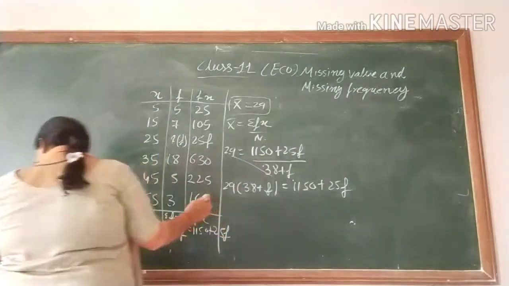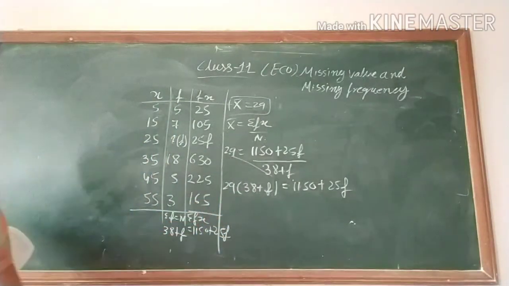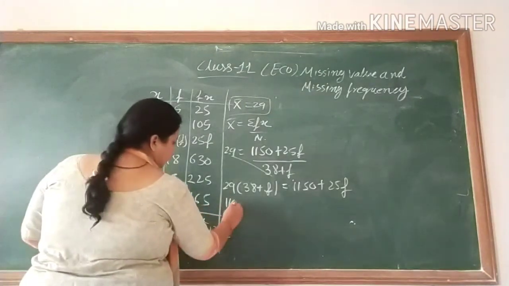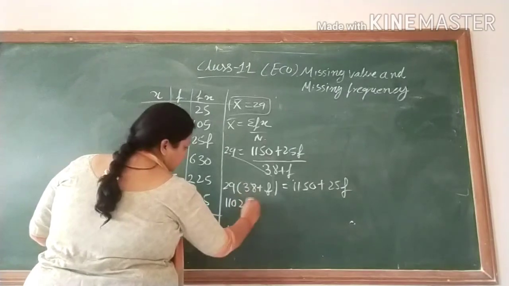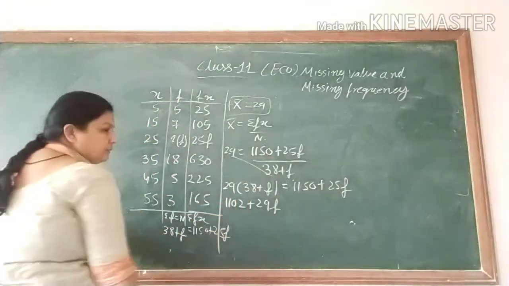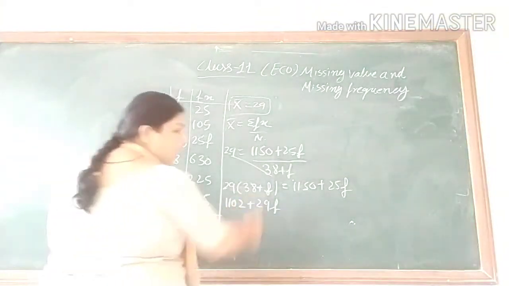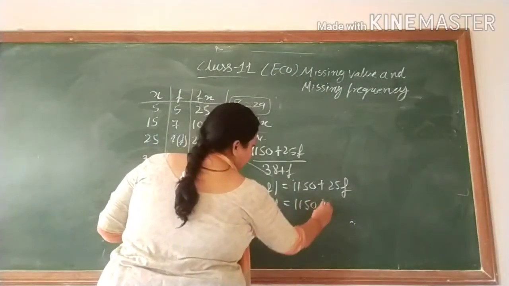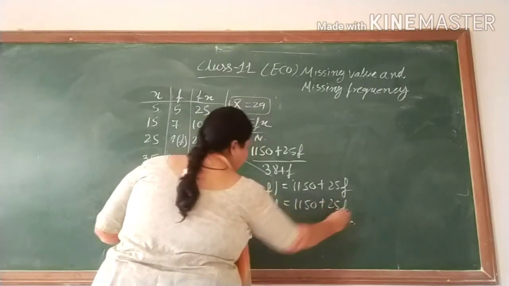So 29 into 38, when we are doing this, your answer is 1102. 1102 plus 29f. 29 का 38 से हम multiplication किया, then 29 का f से multiplication किया. Now 1150 plus 25f.